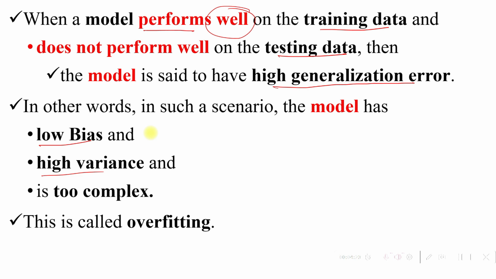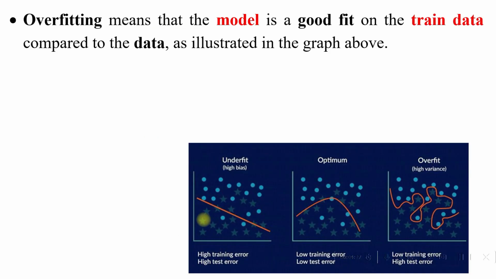This is called overfitting. Overfitting means the model is a good fit on the training data, but whenever we give it new data, it may not predict well.